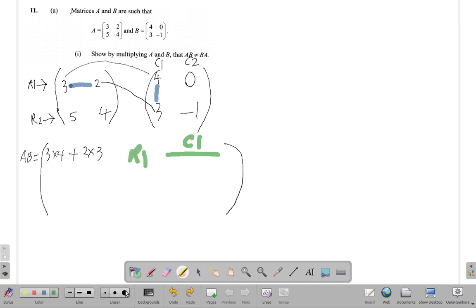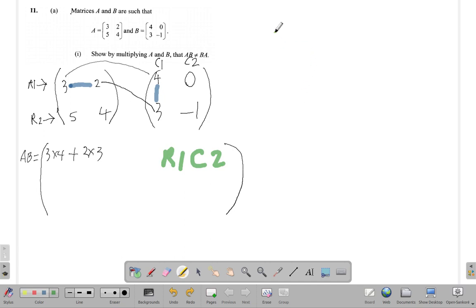So this is column 1 and across the top row 1. So I need to multiply row 1 by, no, column 2, beg your pardon. This is row 1, the top row, column 2.